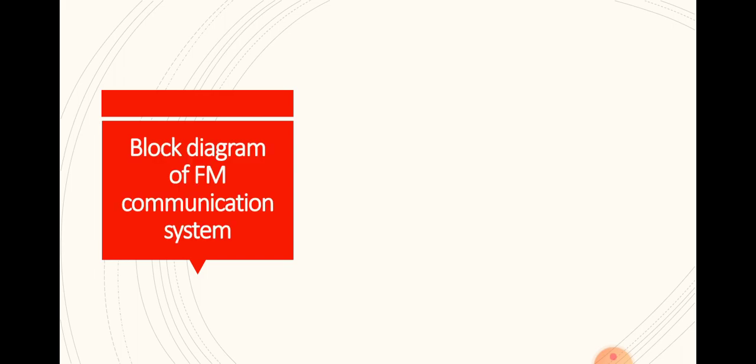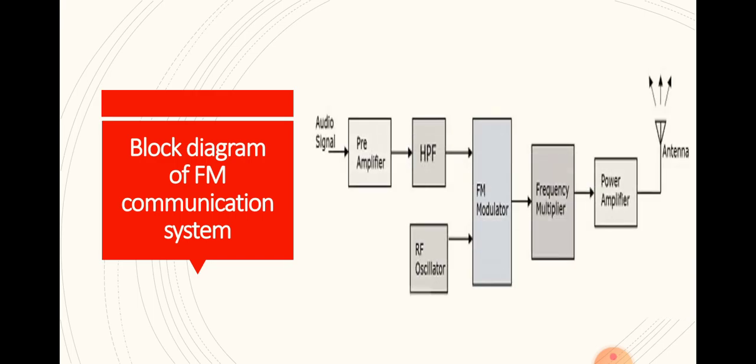Now let us move towards the block diagram of the FM, that is frequency modulation, communication system. So here we have this block diagram. Again I am going to summarize the blocks used in this FM communication system. The first block is the preamplifier. The second block is the high pass filter.